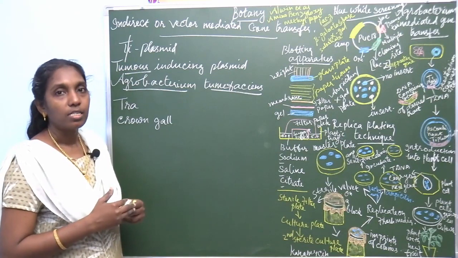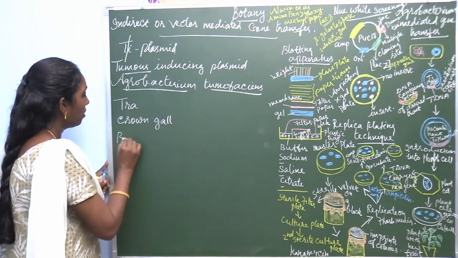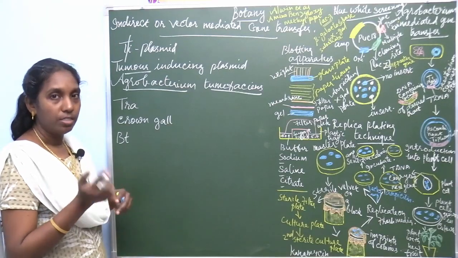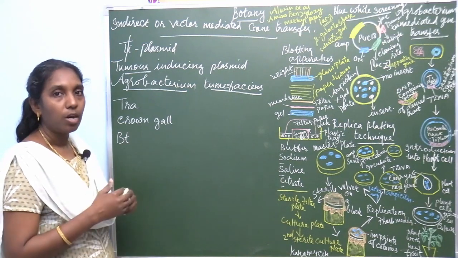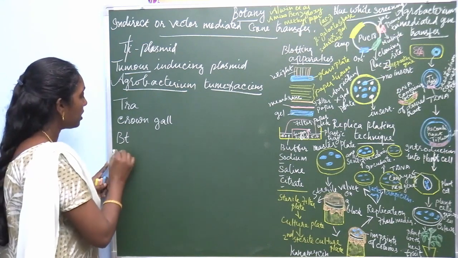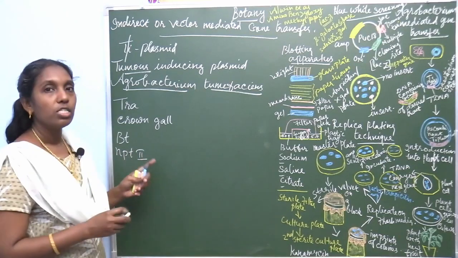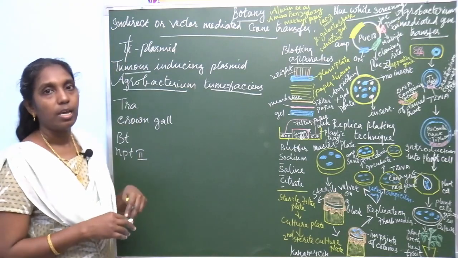For disease resistant varieties, there is another gene called Bt, from Bacillus thuringiensis. There is also a marker gene, an antibiotic gene, NPT2. These are also cloned by means of this Ti plasmid.